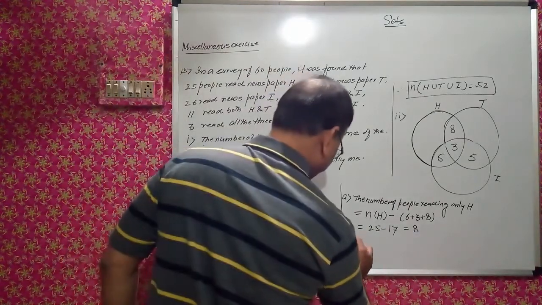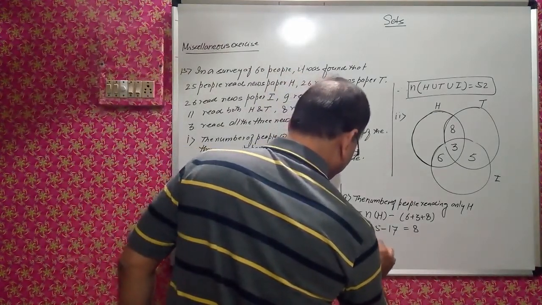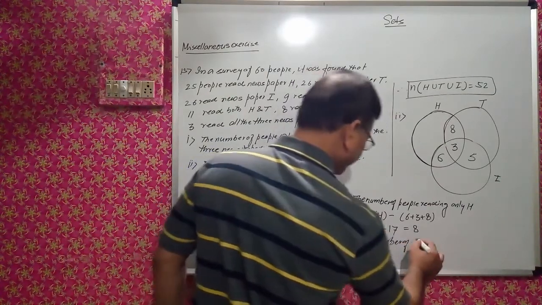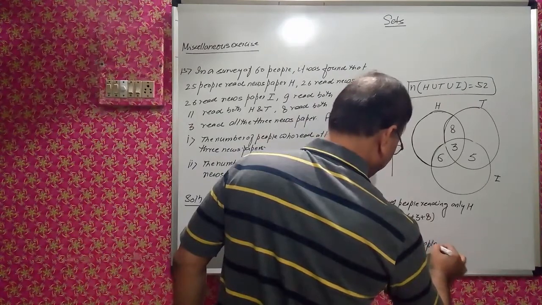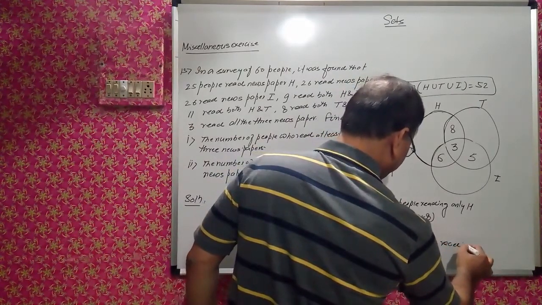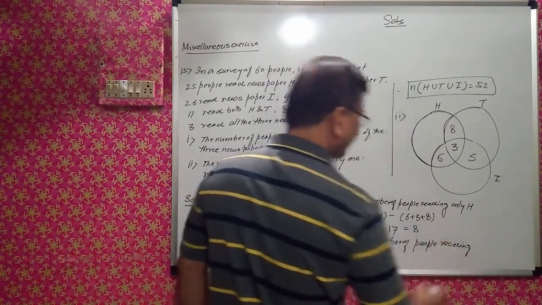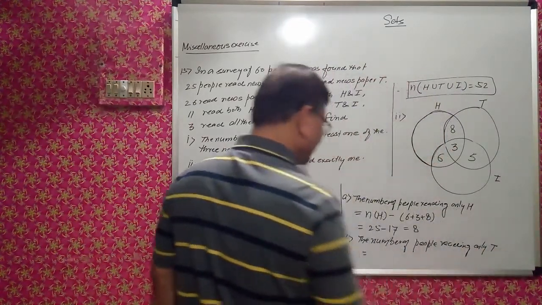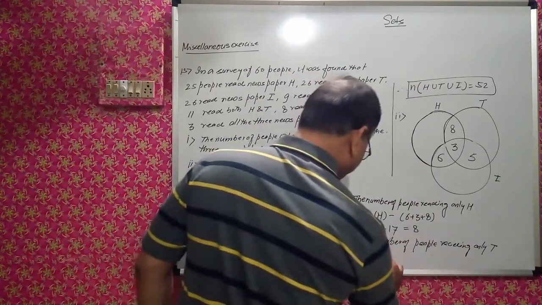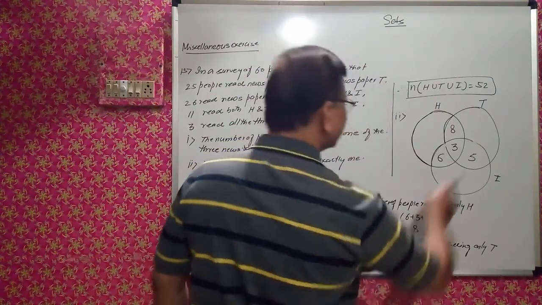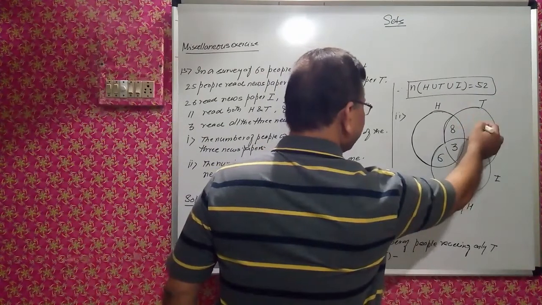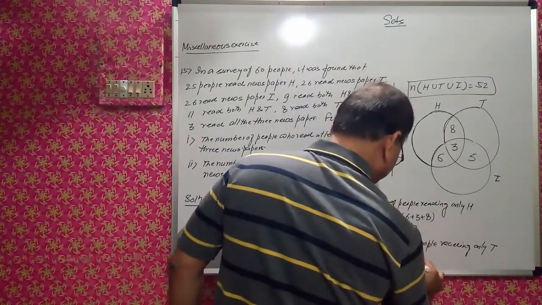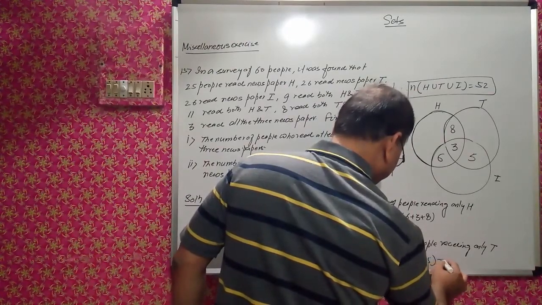B. The number of people reading only T, that is equal to NT minus this area, 8 plus 3 plus 5.